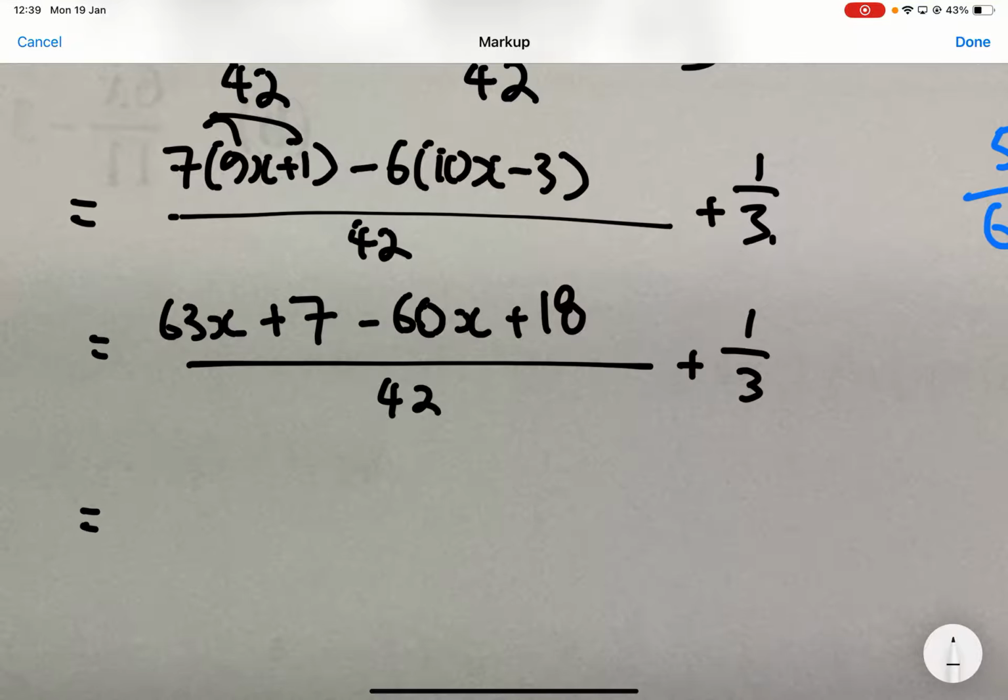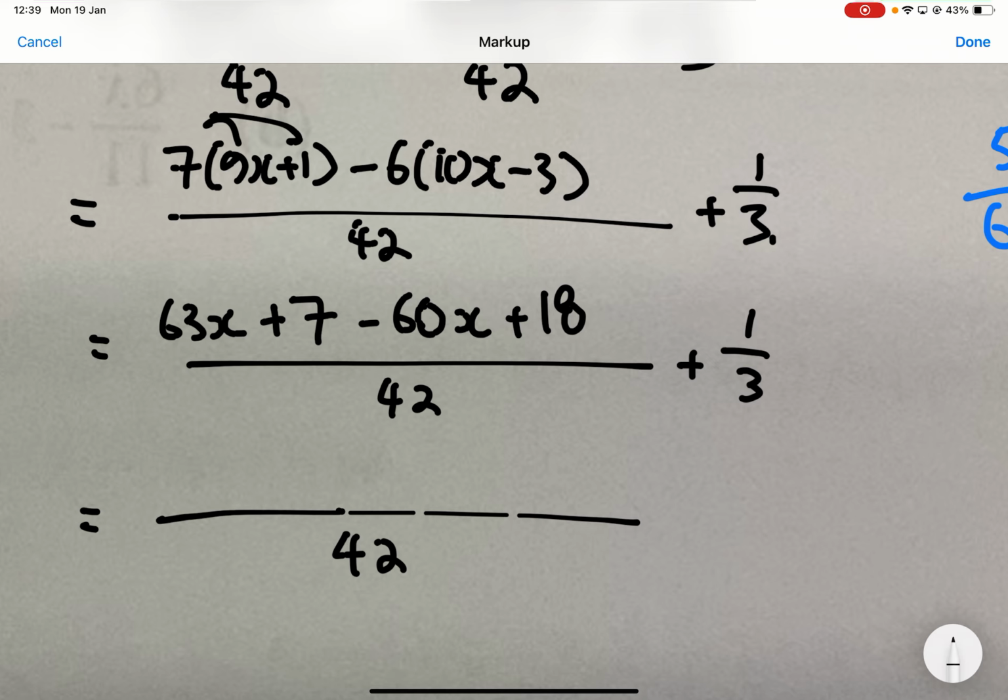Then put the x together, put the numbers together. I can look and find all my x terms. My x terms, 63x and minus 60x. If I cannot do my mental sum, 63 minus 60, then I write them down.